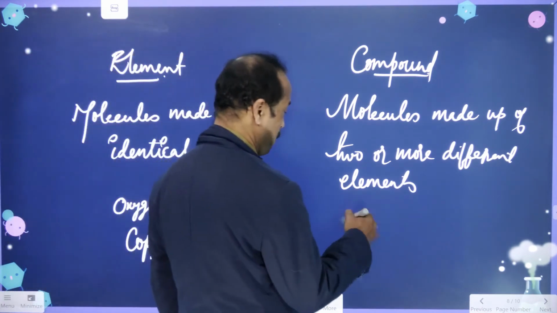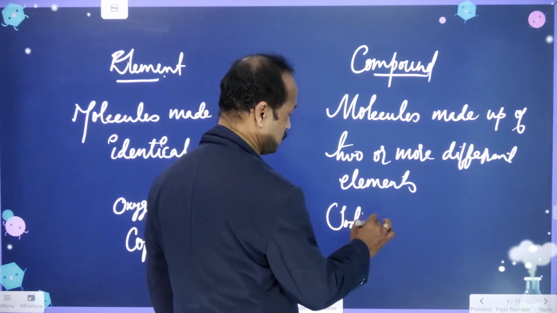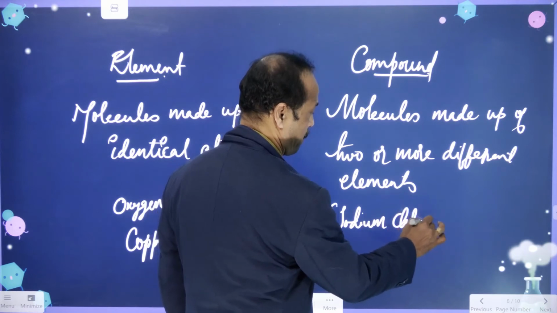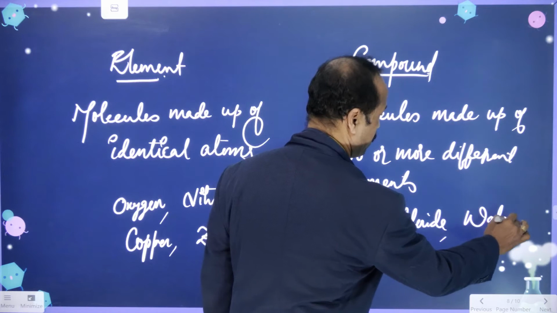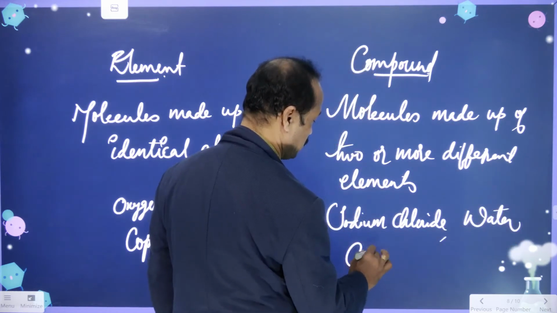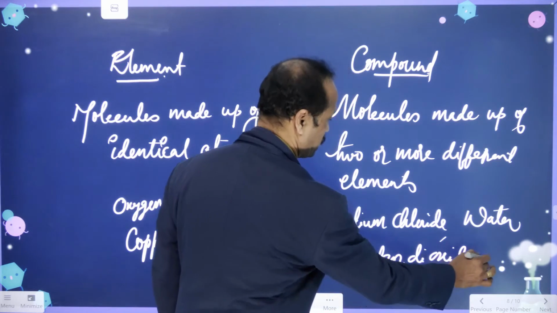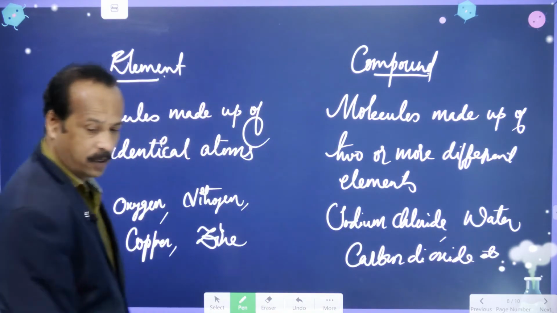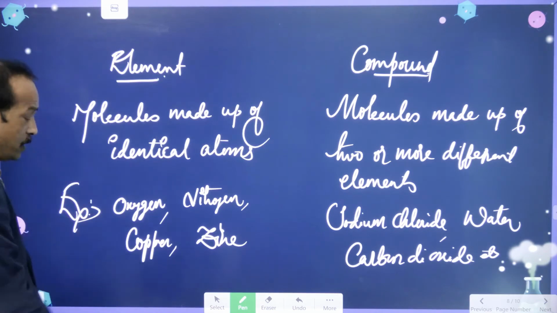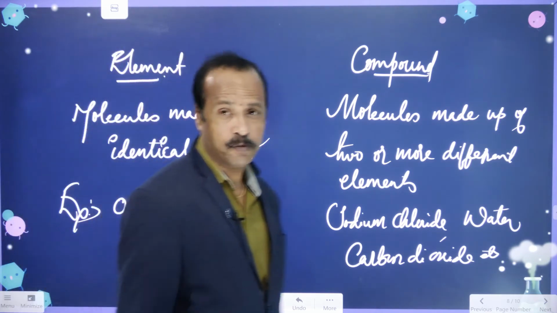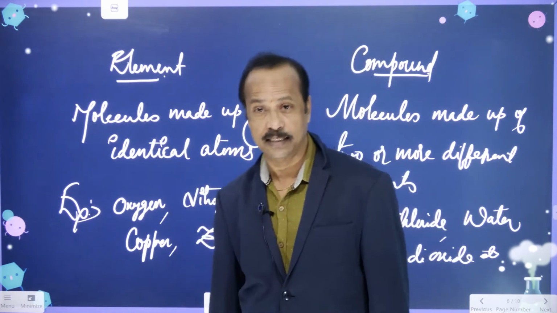Compounds are like water, sodium chloride, carbon dioxide, etc. So here, examples for the elements are oxygen, nitrogen, copper, zinc, etc.